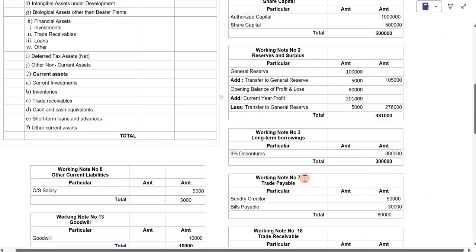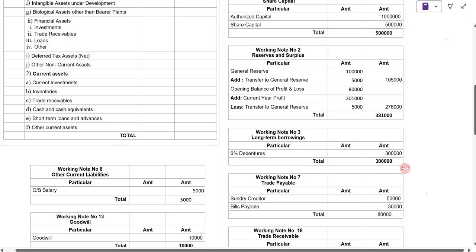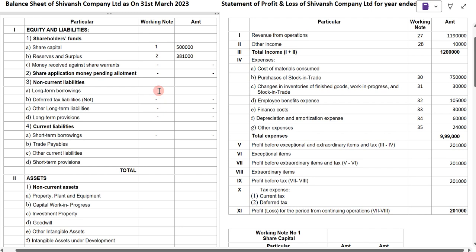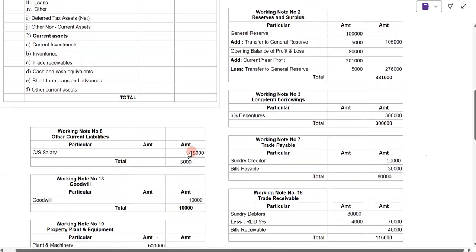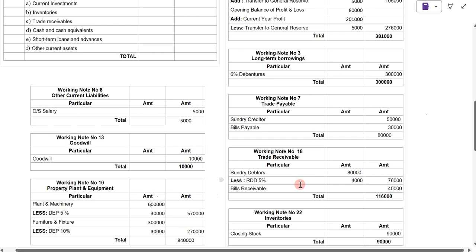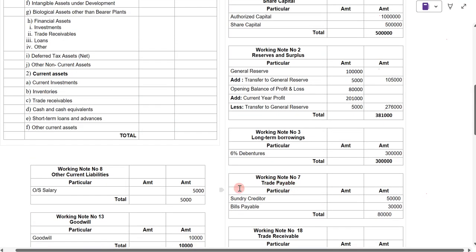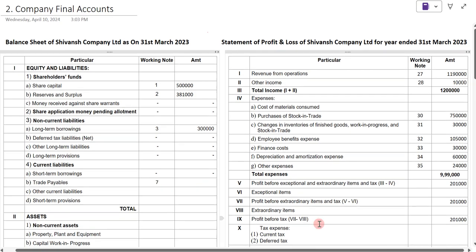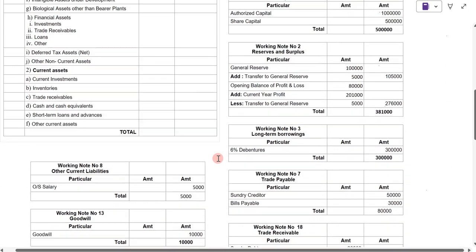Then next is note number 3, long term borrowing. Total is 3 lakhs. After that we have trade payable, note number 7. The total of trade payable is 80,000.